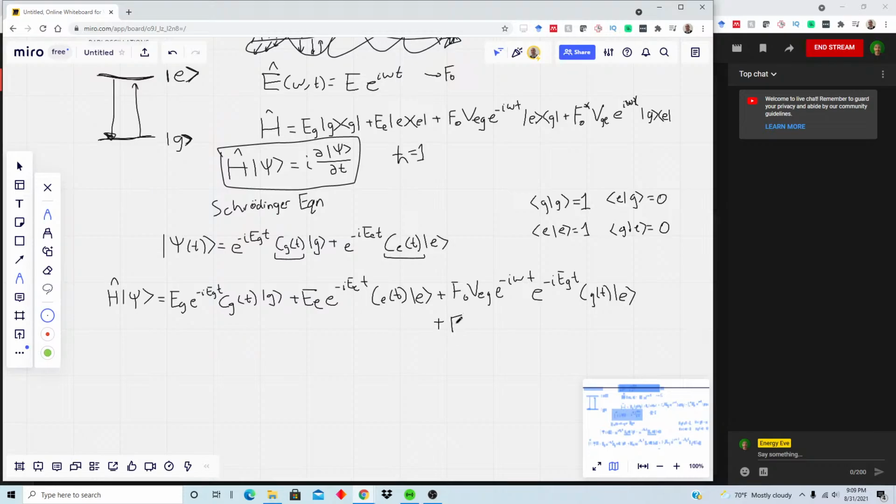We get V conjugate, V_ge, e to the i omega t times, so this e goes to this e. This one gets canceled through orthogonality, so 0, so we don't even consider that term. So you're left with the g. And so we are applying it to here.